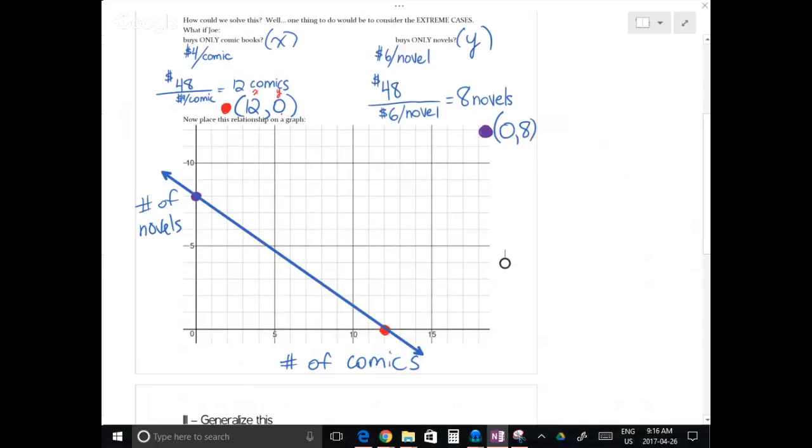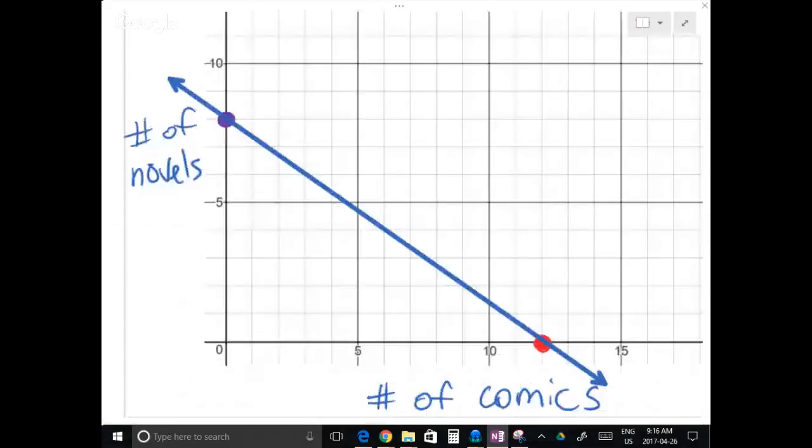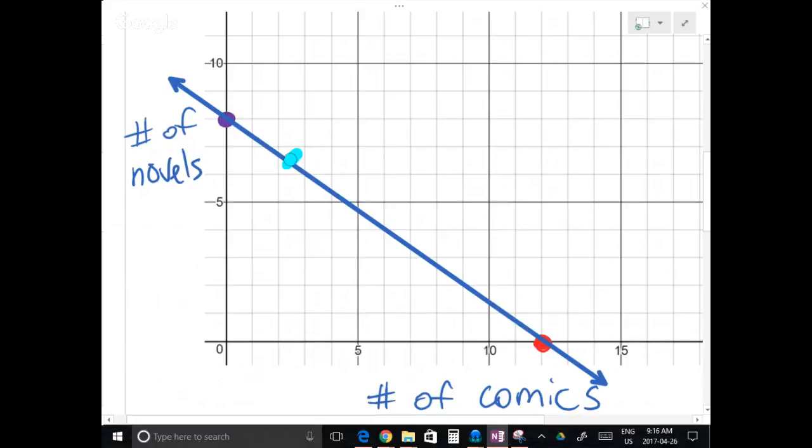So now, let me ask you this. We now have a linear relationship, but could I go there and do this? Could I buy, what's that work out to? 2.5 comics and 6.5 novels?